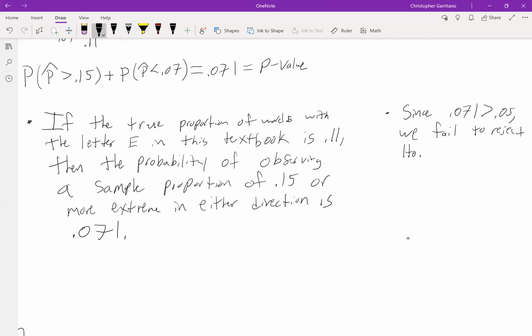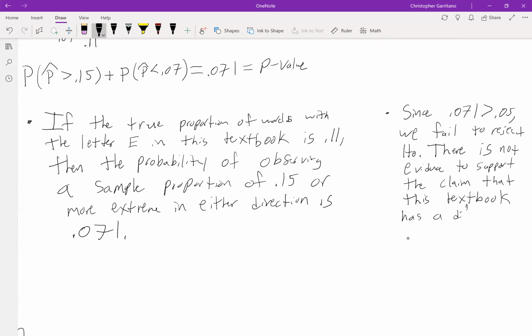Therefore, there is not evidence to support the claim that this textbook has a different proportion of E's.